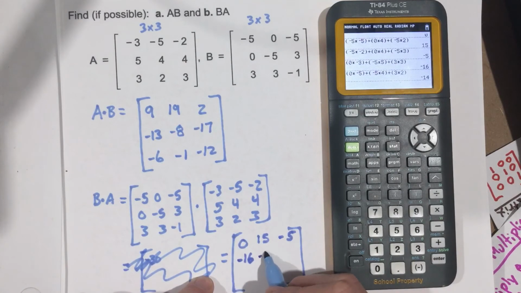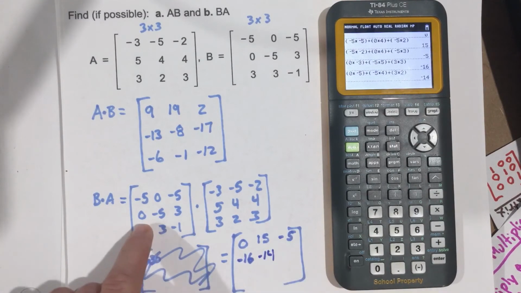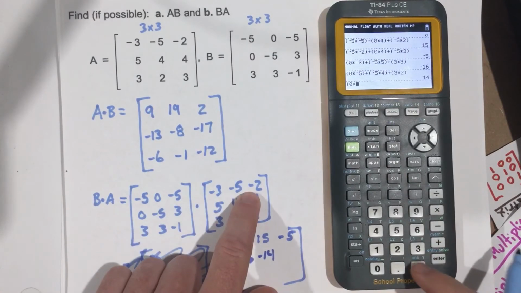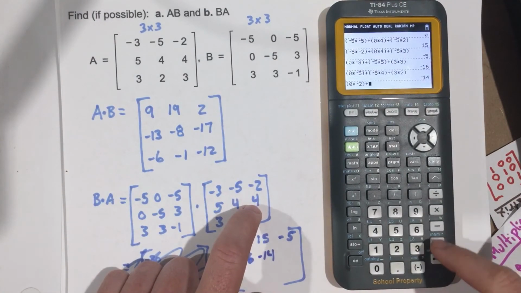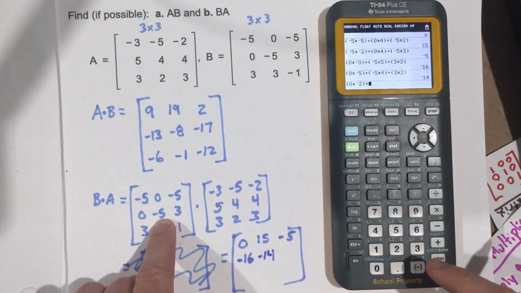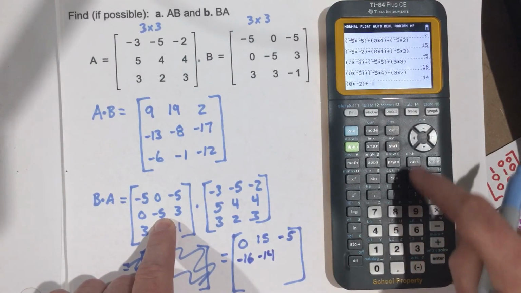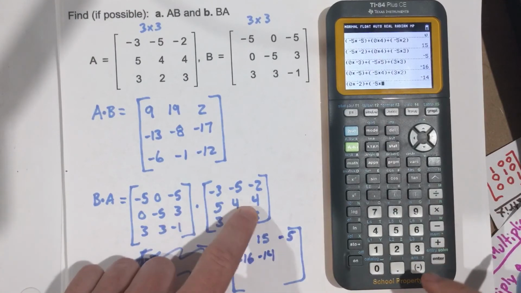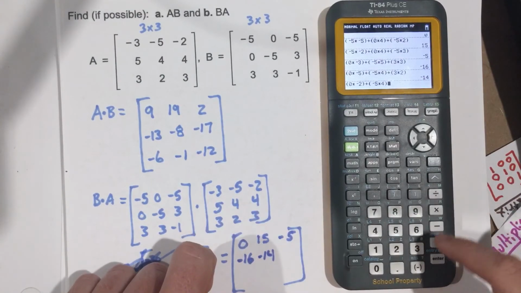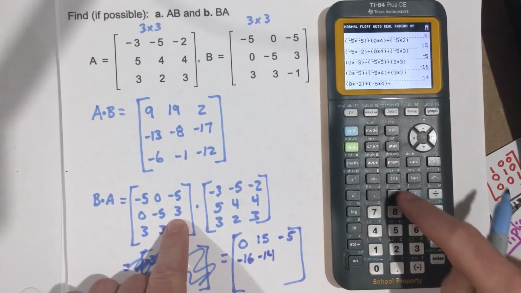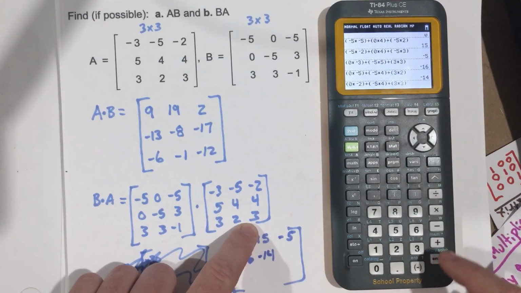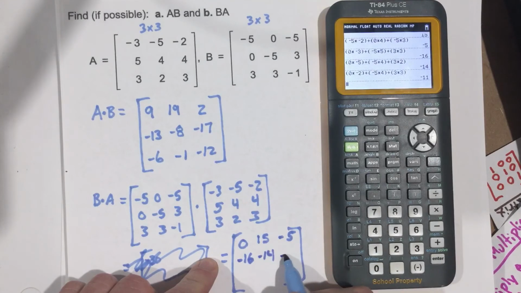Negative 14. 0 times negative 2 plus negative 5 times 4 plus 3 times 3. Negative 11.